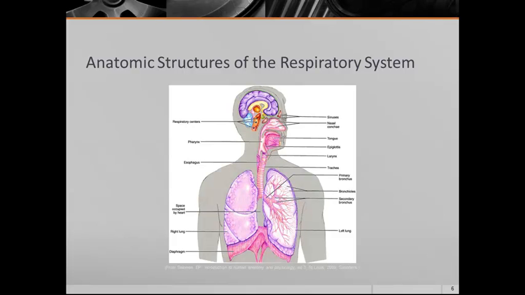Anatomic structures of the respiratory system. On this slide, it is important to note that our upper respiratory tract consists of our nose, pharynx, and larynx, and our lower respiratory tract consists of our trachea, bronchial tree, and the lungs.